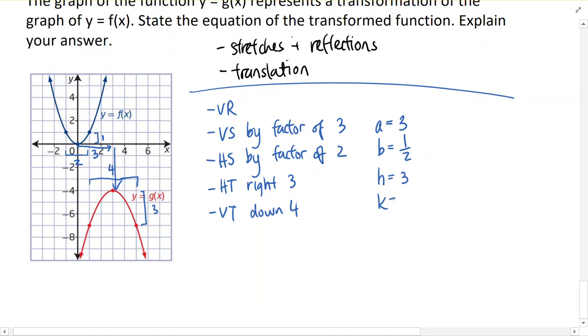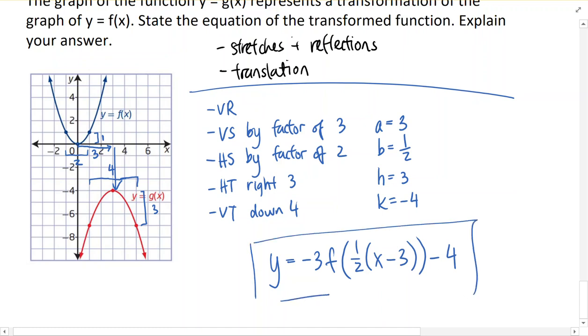And k is down 4, so negative 4. Putting that into our equation, y equals the vertical reflection, negative 3, f of b, which is half, bracket, x minus h, and then our k. Here's our equation. And that's it for today.